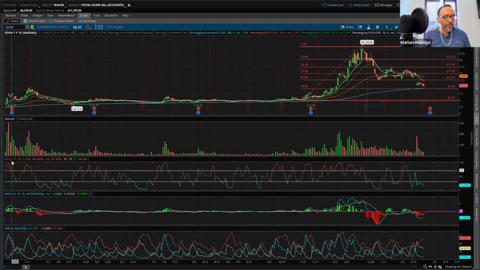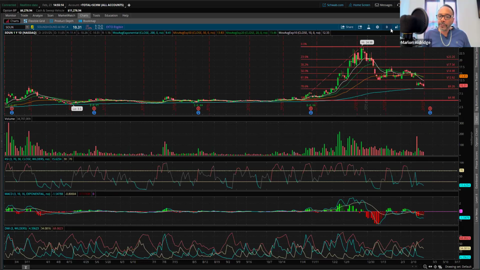So here you can see my RSI is 3 days. My MACD, at least my fast signal, is 3 days, 10 days. And I use something called the directional moving index as well. It's set to 3 days as well.